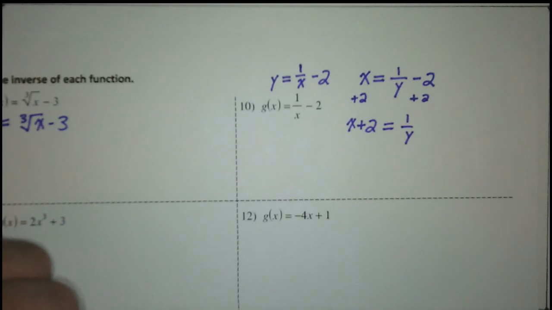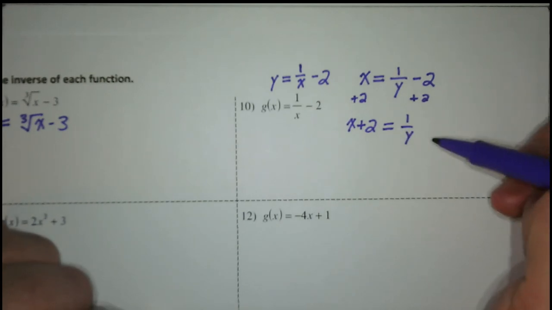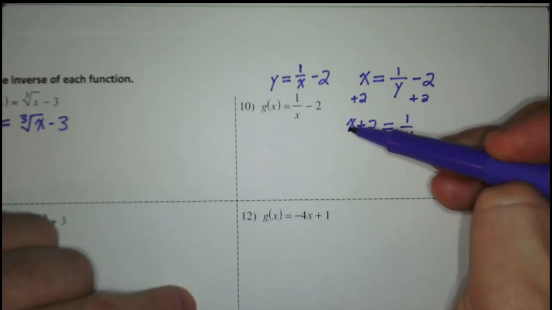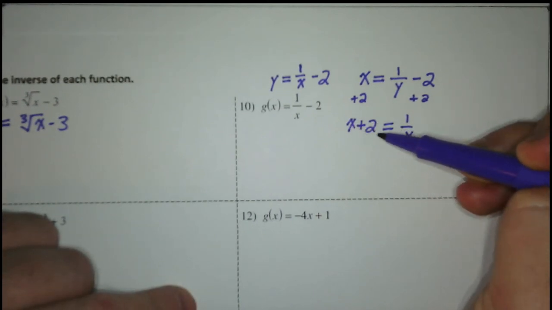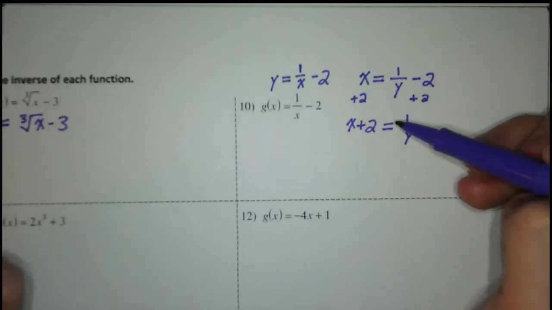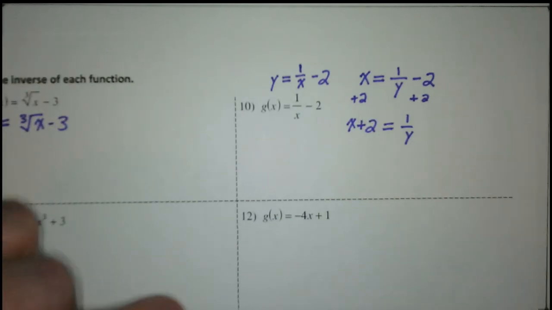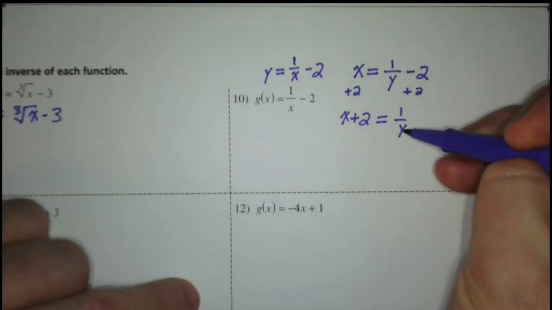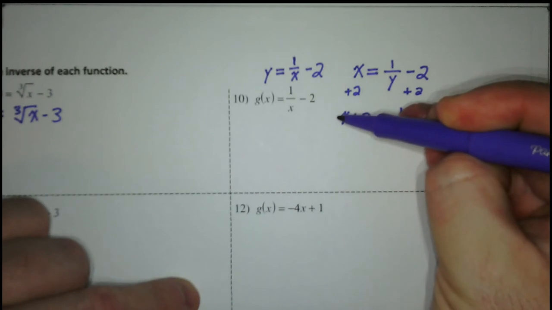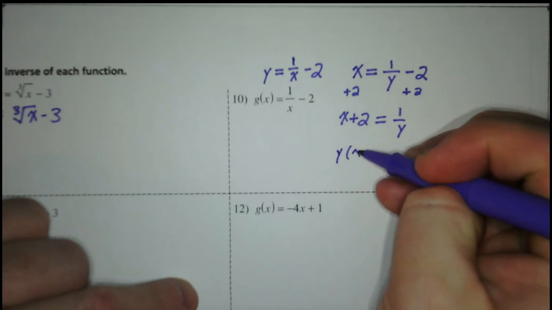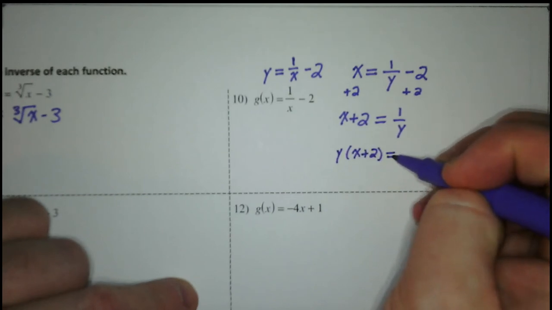Now from here, you could look at this as literally a proportion, x plus 2 all over 1, and since it's a full proportion, you could cross multiply. Or you could multiply the y to the other side, and I'll do that. Y times x plus 2 would then equal 1.